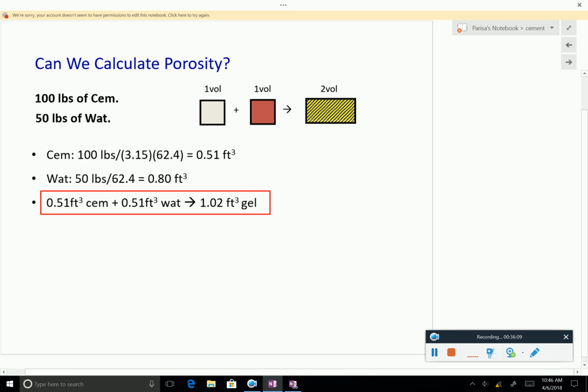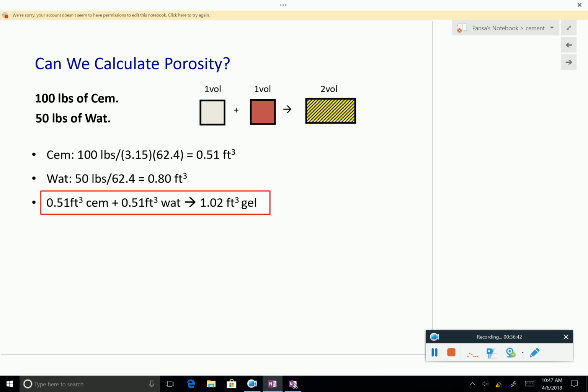So if the ratio is 1 to 1, and you only have 0.51 cubic feet of cement, only 0.51 cubic feet of water can react with it. Cement and water will react in a 1 to 1 ratio volume-wise, and they give 1.02 cubic feet of cement paste gel.